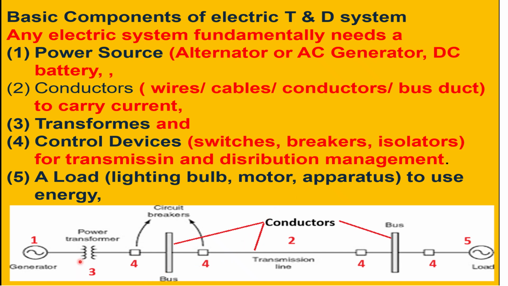These control devices are circuit breakers, which may be in the form of switches or isolators also. And finally, a load at the end, that may be lighting, bulb, motor, any other electrical apparatus to use the energy.